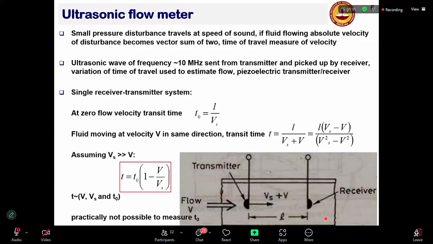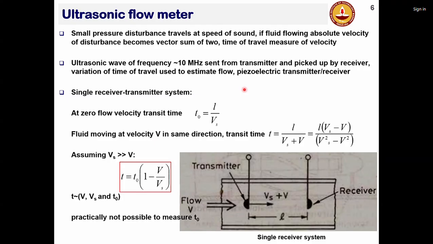Now, we can have a different setup, which is known as the ultrasonic flow meter. So the principle is that when you have a pressure disturbance in the fluid, which can arise from ultrasonic actuation, and ultrasonic crystals are such that if you apply some electrical voltage, they will oscillate, and these oscillations will send out pressure waves.